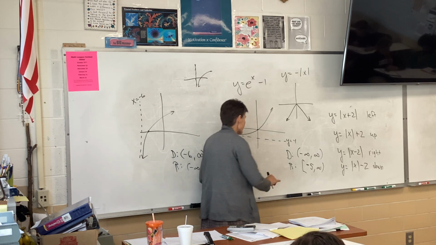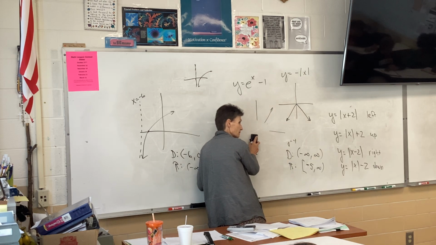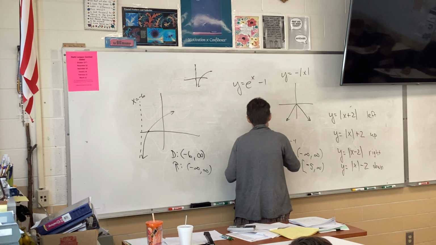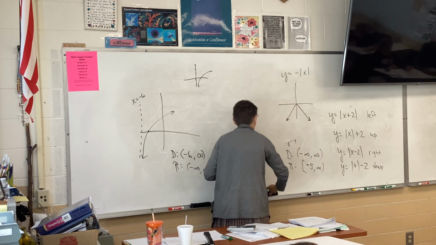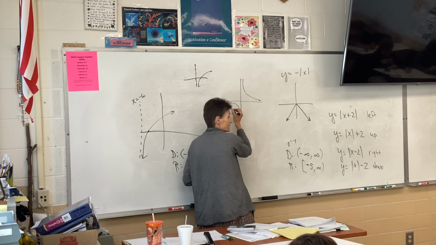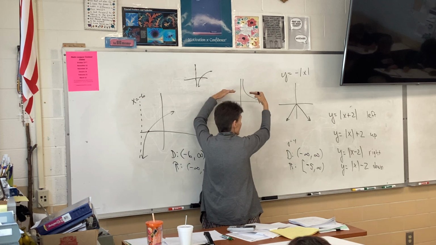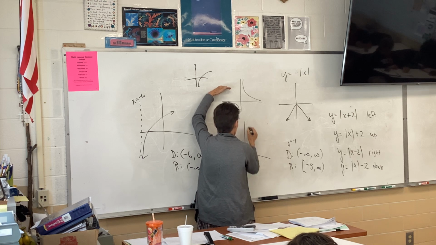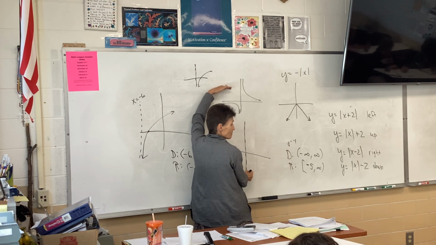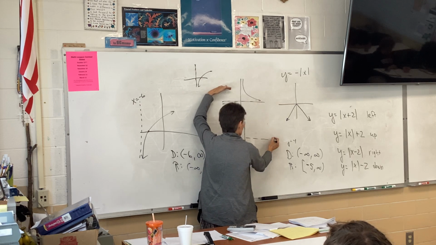Did you get something that looks like you would have anticipated? Because you know that 1 over x looks like this. When you pick that whole thing up 3, it's still going to have an asymptote here, but this one is now going to be up here at 3.